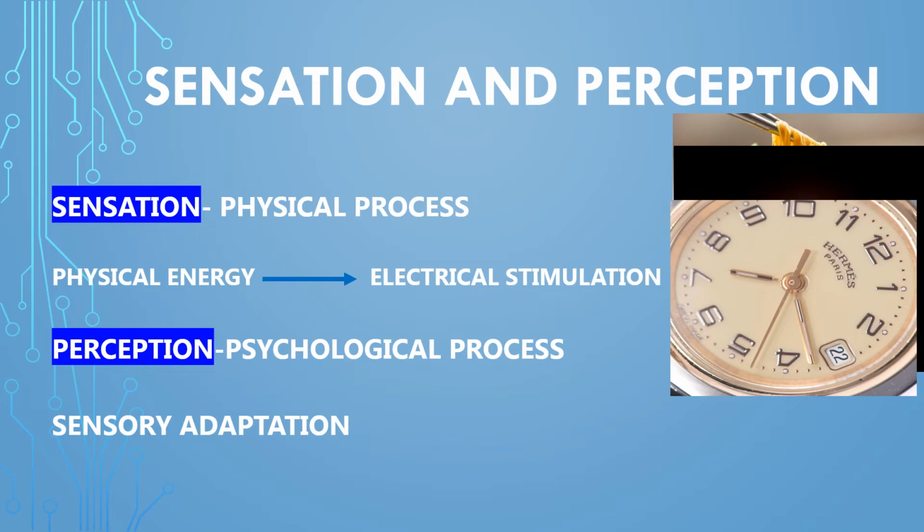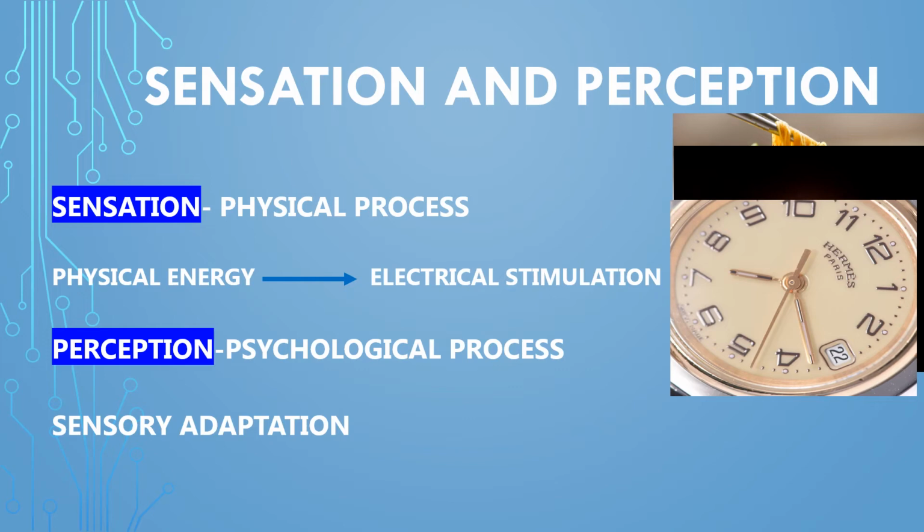When we experience a sensory stimulus that doesn't change and continues, we stop paying attention to it. That is why we don't feel the weight of our clothing, and we don't hear the sound of the projector in a lecture hall, because it is continuous and we stop paying attention to it.